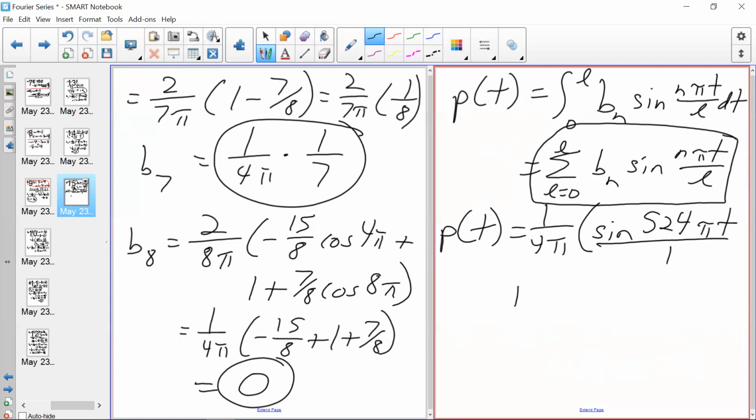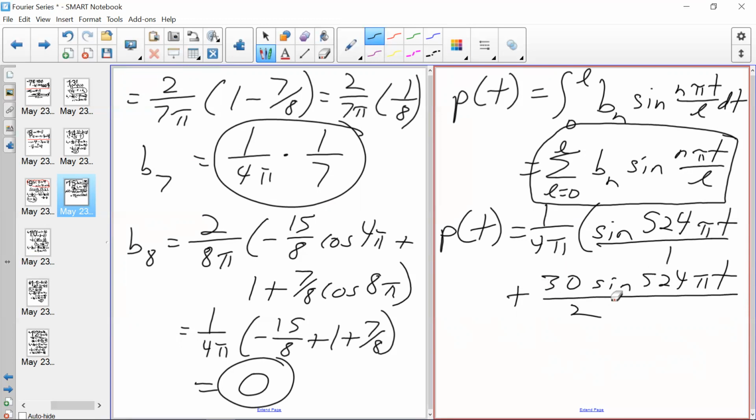And so here's plus. Now we can write the 15 if we want, but we have to write the 15 in such a way that it represents the second term in the series. Okay, so therefore the 1 over 4 pi is out here, so we can just say 30 sine 524 pi times t, divide that by 2. 30 over 2 is 15. 15 times 1 over 4 pi is 15 over 4 pi.